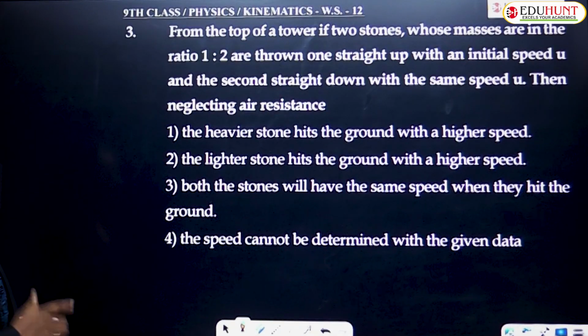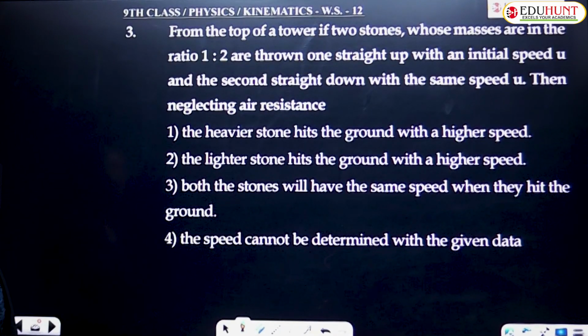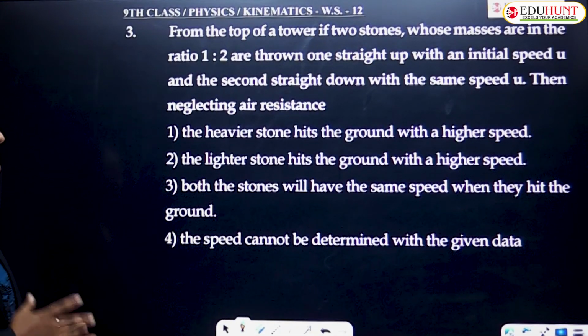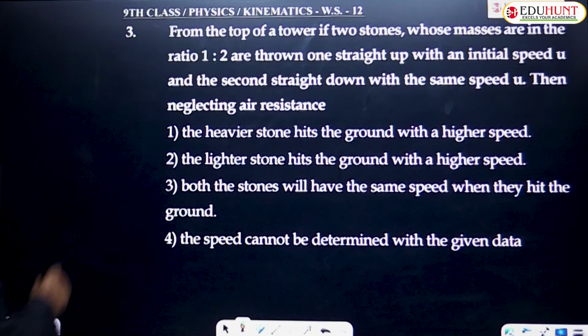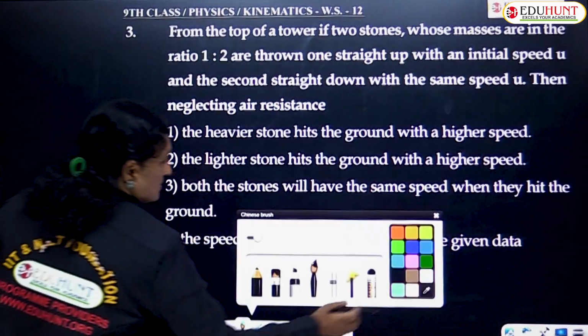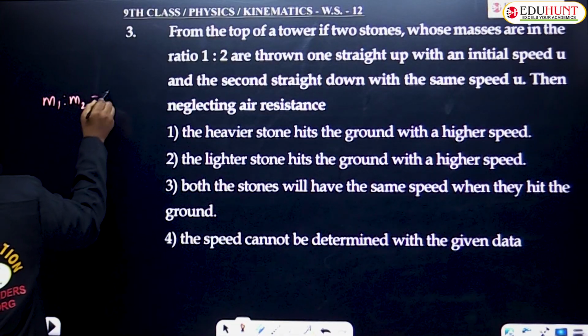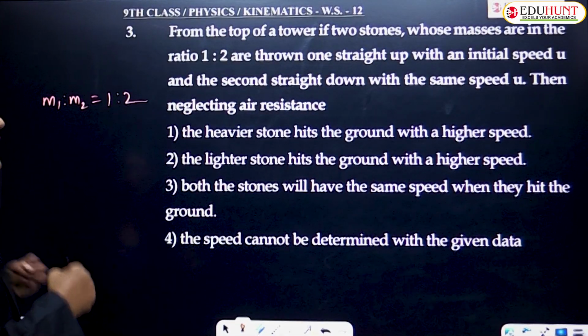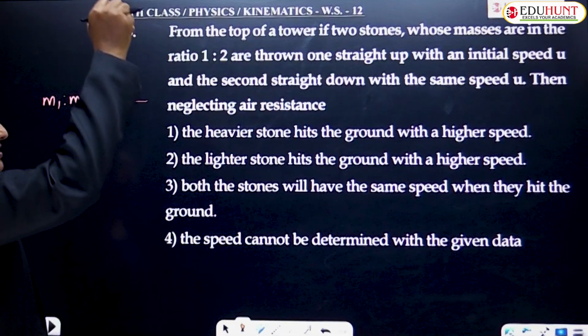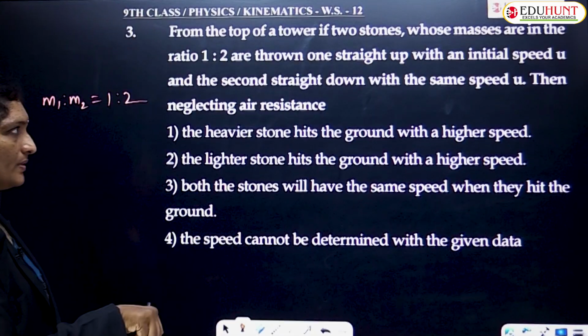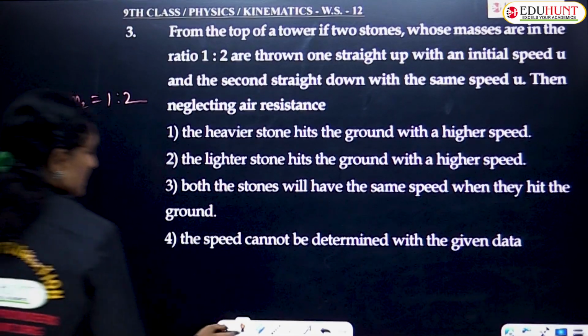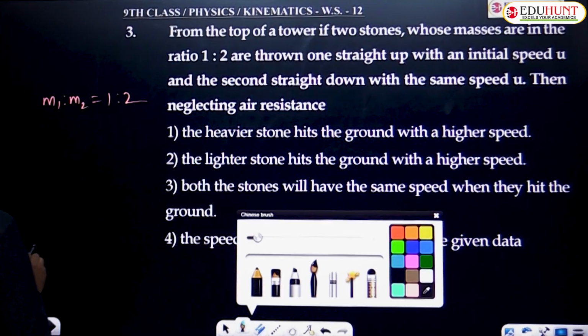Question number 3. From the top of a tower, two stones whose masses are in the ratio 1:2. What is given, children? Masses are in the ratio 1:2. They are thrown, one straight up with an initial speed u and the second straight down with the same speed u. So let us see how it is being thrown.